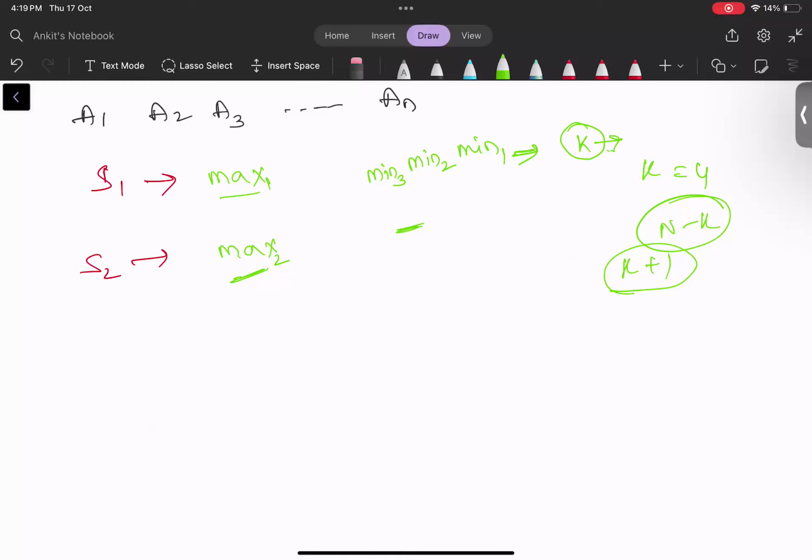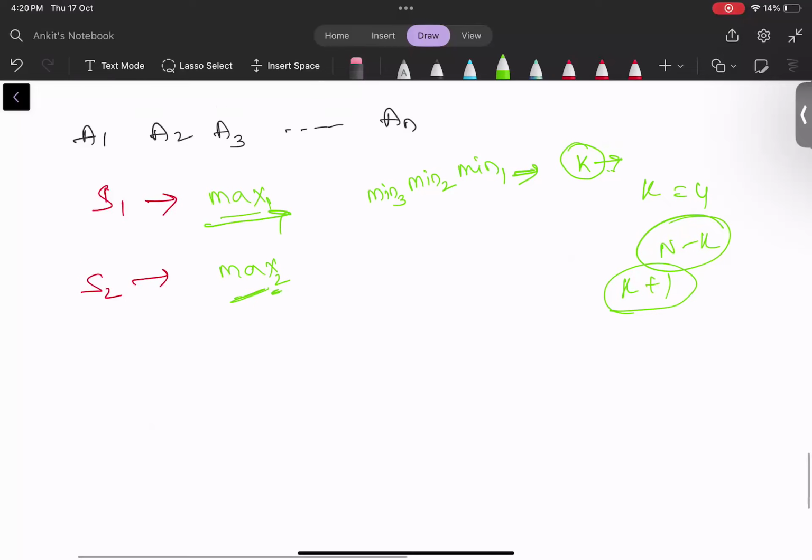What will be the k plus 1th element? That is min of k plus 1. Sorry, this would be the max of k plus 1, because if we see from here, the second maximum is placed here. If we sort the array, after sorting, we can take the maximum of k plus 1, the max k plus 1th element.